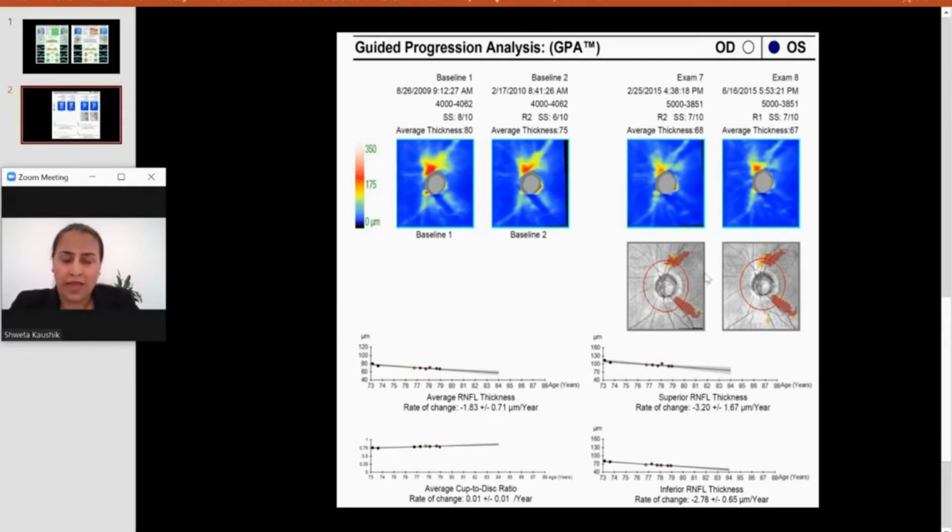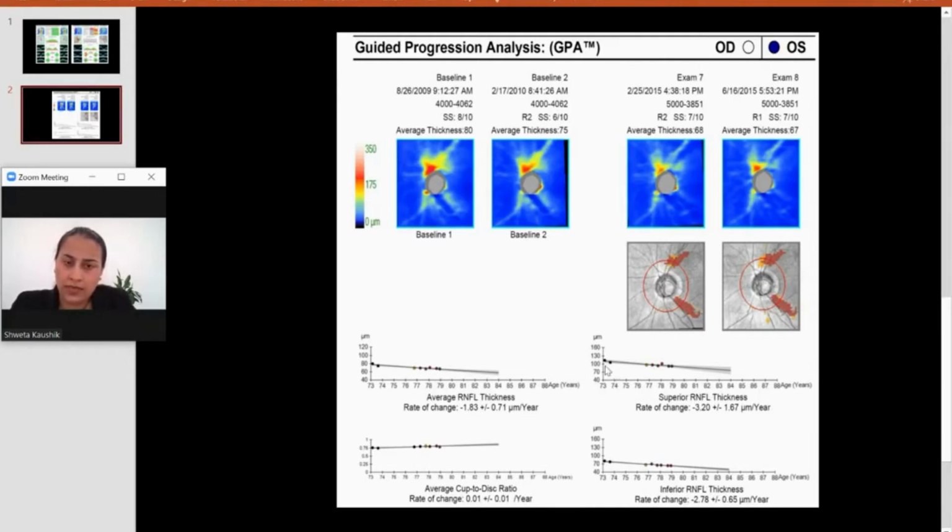And in these sort of black and white and grayscale tests, you can see the locations of where the nerve fibre layer has been lost in that bright red colour. If you come down to these graphs, you have age along the bottom and thickness along the vertical axis.